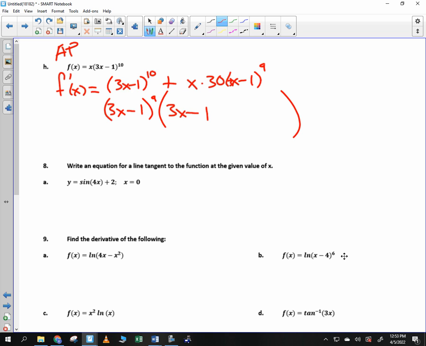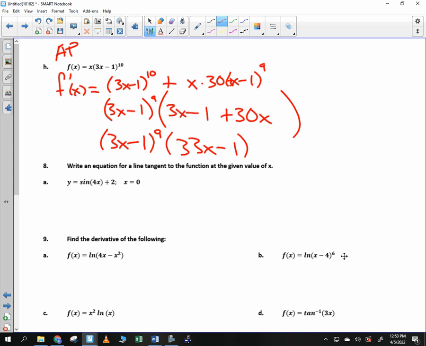Everybody see it's 30x plus 30x. So you get 3x minus 1 to the 9th times 33x minus 1. That's the answer they'll give you, the derivative they'll ask you to do. ACT, AP, everything, they love to give you questions that require you to do more than one thing. Question.